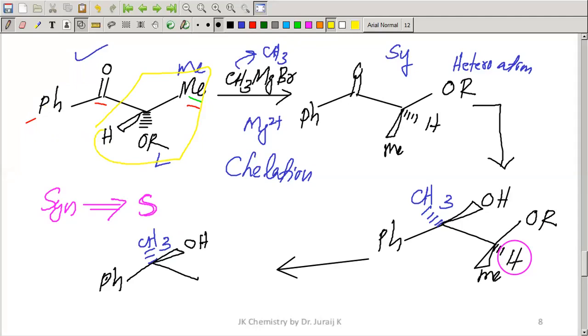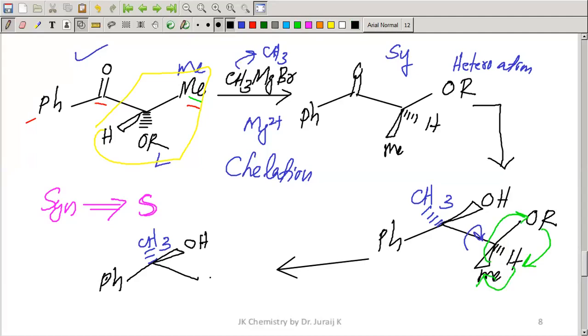In that case, you do just a rotation. Our aim is that I want to make Me in the plane of paper. So you rotate in the clockwise direction. In that case, Me becomes in the plane of paper, OR will be in dash, and the hydrogen will be in wedge.